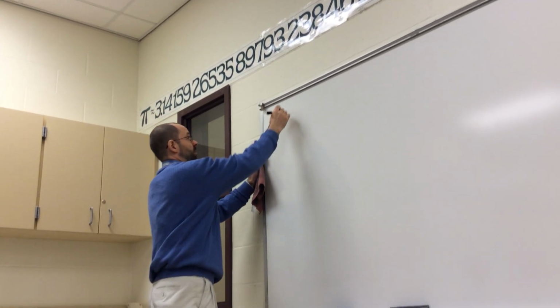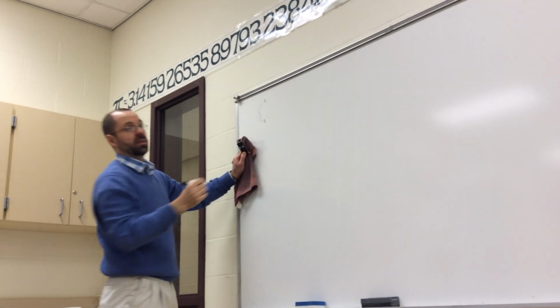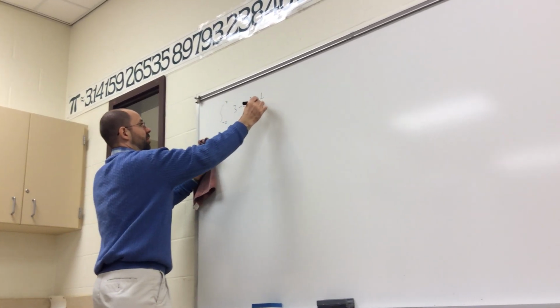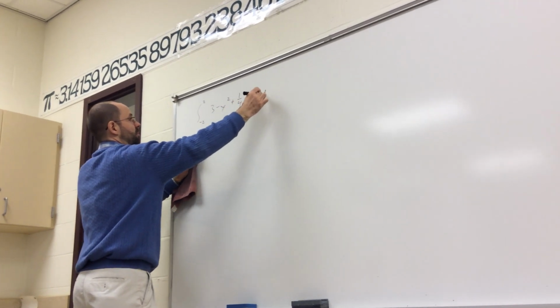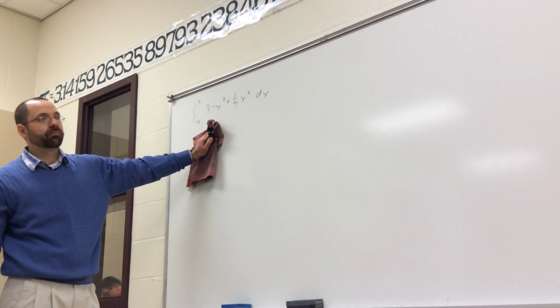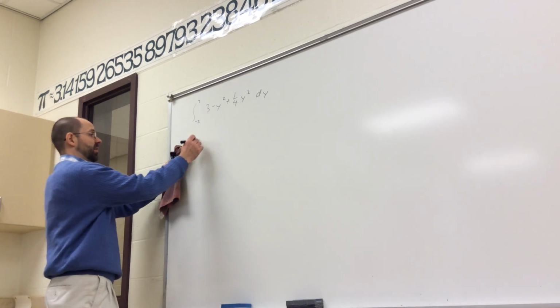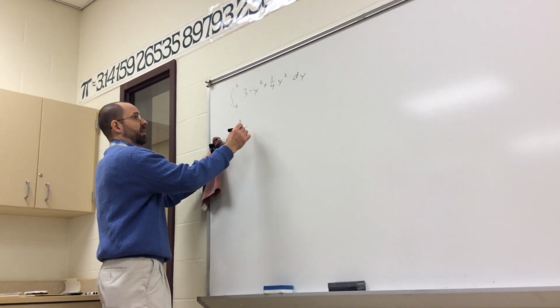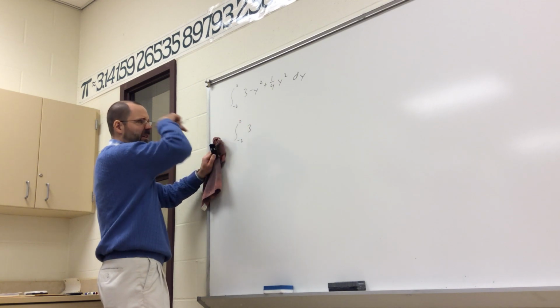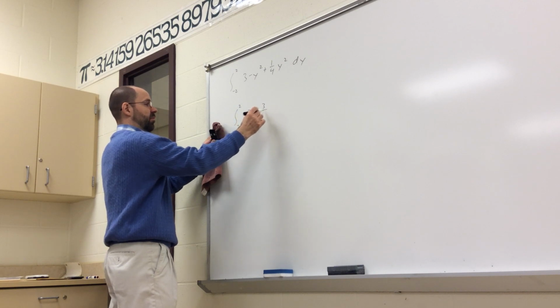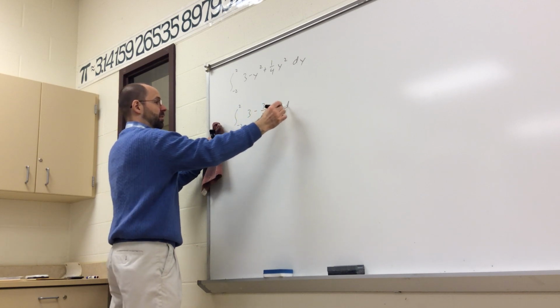We got the integral from -2 to 2 of 3 minus y squared plus 1/4 y squared dy. Then these are like terms, so I could combine them. So that's the integral from -2 to 2 of 3 minus 3/4 y squared.